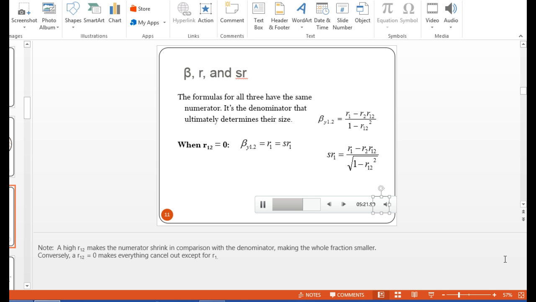Now, notice when we make the R12 higher. So let's say we keep everything constant in the formula, except for R12, we are going to increase that. So as multicollinearity increases, and I've said this before, and you can see that it's true here, both the beta and the semi-partial are going to get smaller.